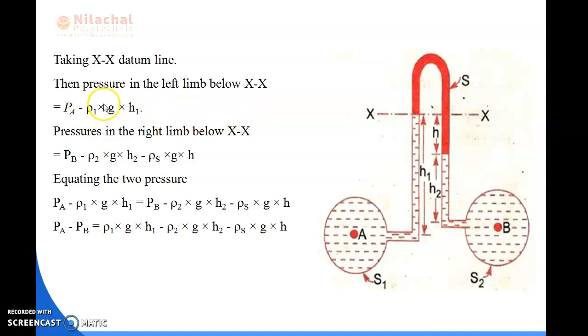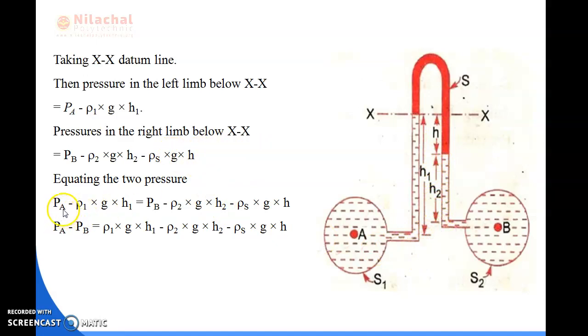That's why you are giving the minus sign. So the pressure in the left limb below the bottom line is PA minus rho 1 G into H1. Second, the pressure in the right limb below the bottom line: first is the pressure of the pipe PB minus rho 2 G into H2 minus rho S G into H. Then you will equate the two equations.